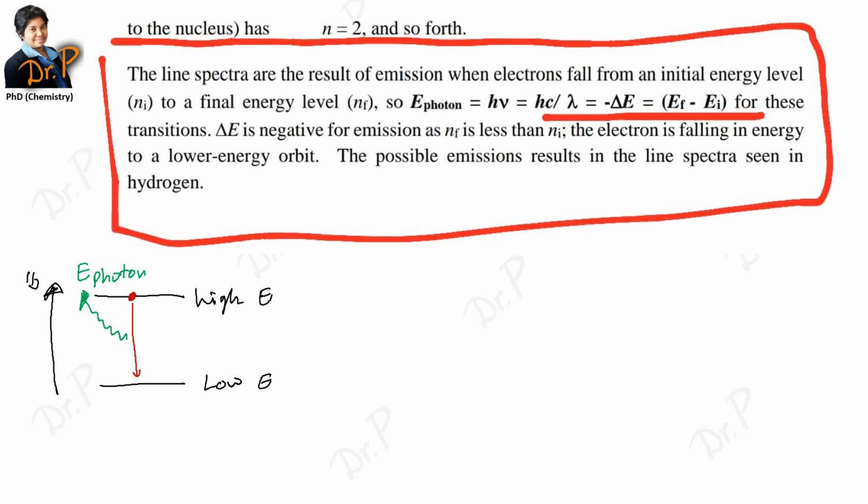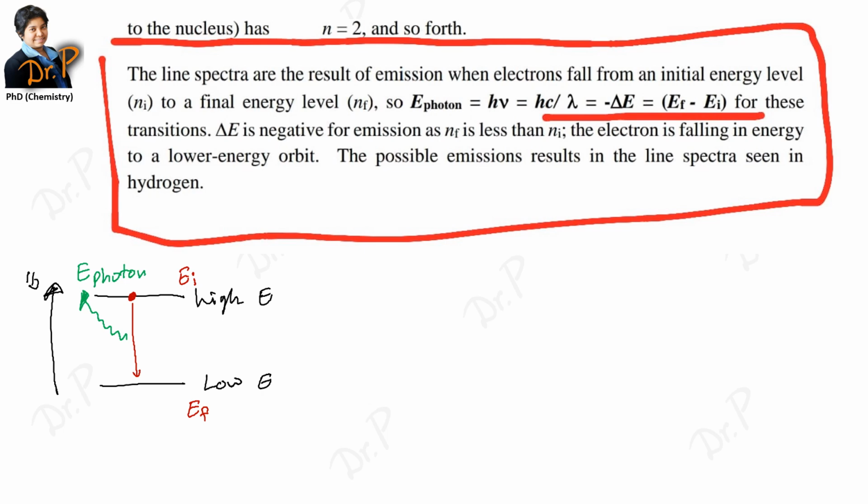Now, this electron is falling from the high energy. Its initial position is the high energy level. So this is our initial energy. And it ends up in the low energy level. This is our final energy.